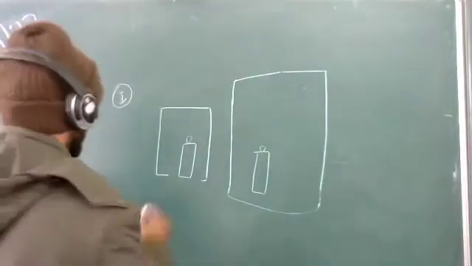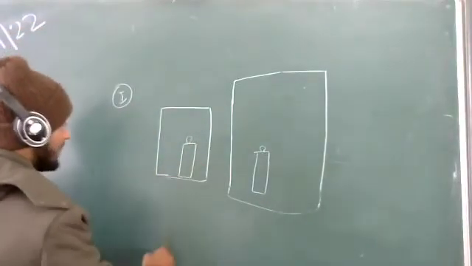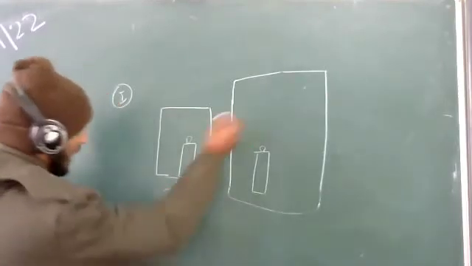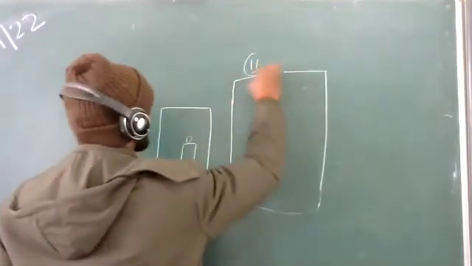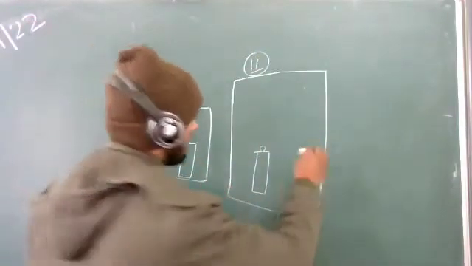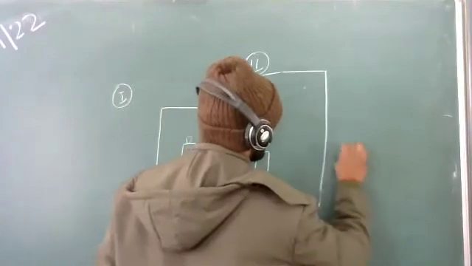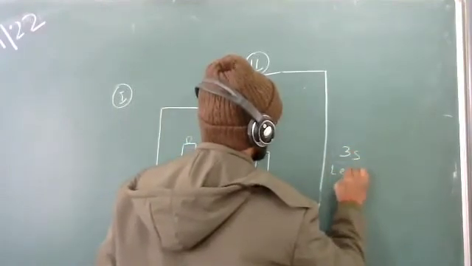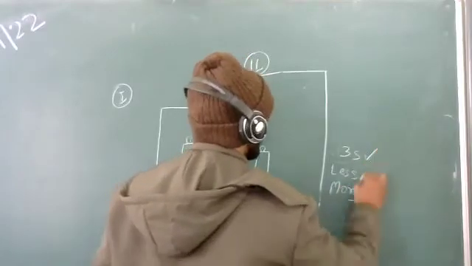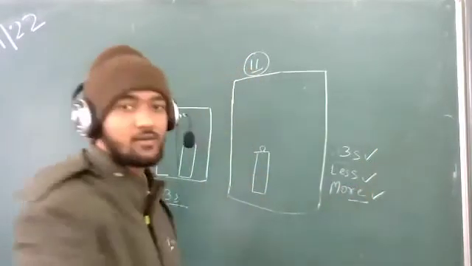In the first case, what happened? The candle got extinguished in 3 seconds. So I want to ask about the second case. How much time will it take to extinguish? The options are 3 seconds, less than 3 seconds, or more than 3 seconds.